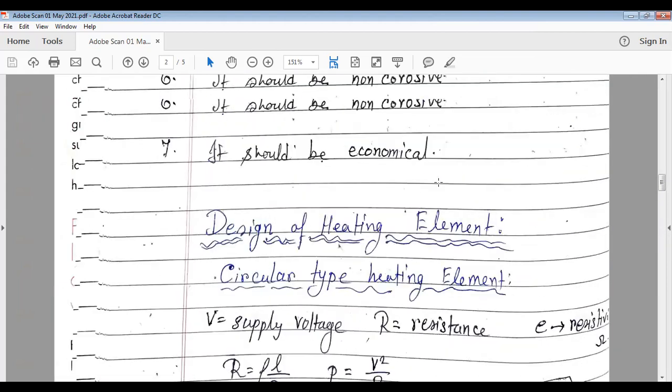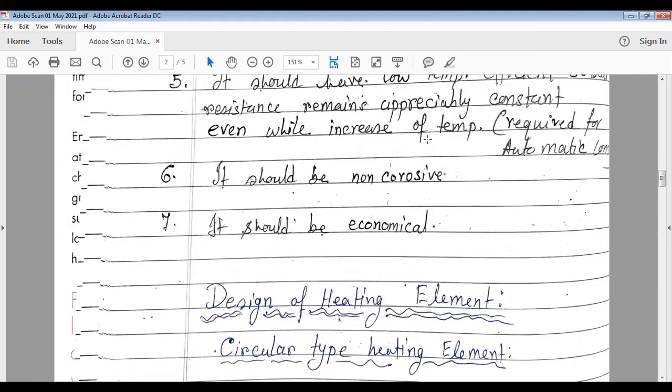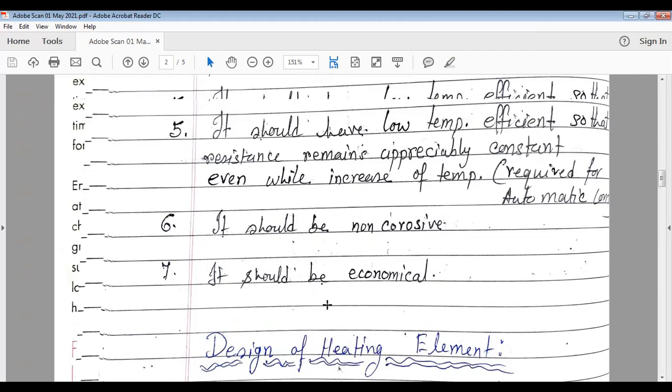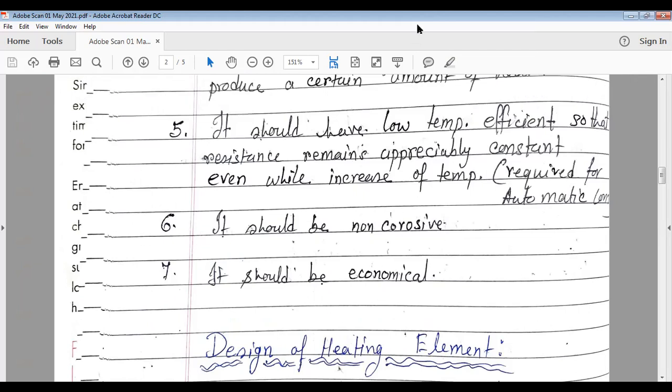So this is our new topic on the design of heating elements and the Stefan law. So, guys, I hope you can understand this, and now I just stop here.